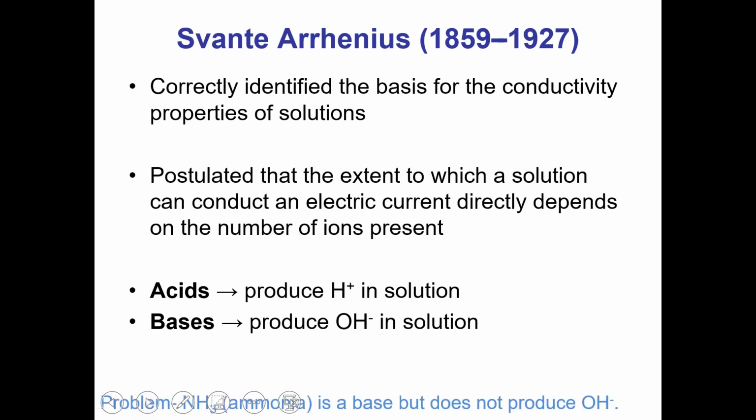NH3, the chemical formula for ammonia, is a base, but it doesn't produce hydroxide ions in solution. So the Arrhenius definition doesn't explain how something like ammonia can be a base but not produce hydroxide ions, and the OH- here is the hydroxide ion.